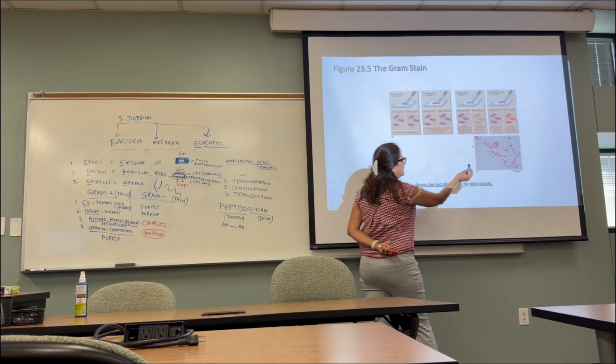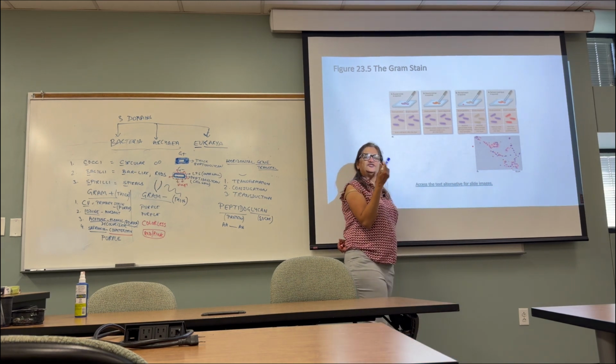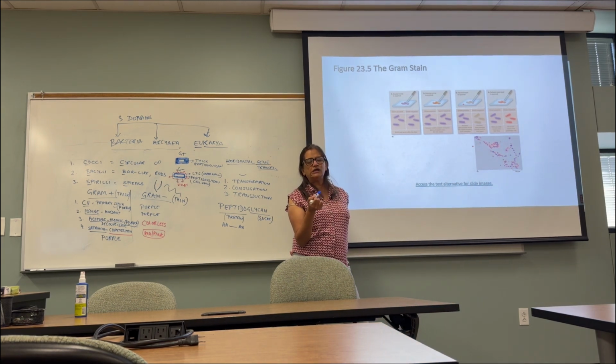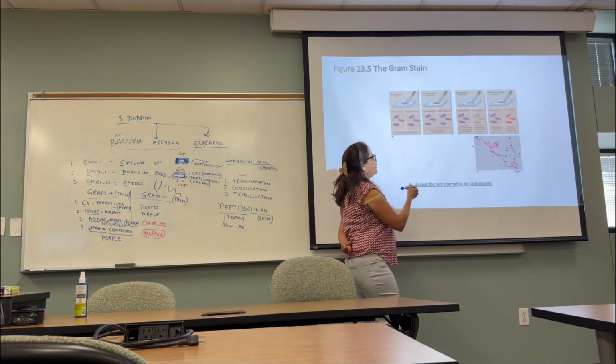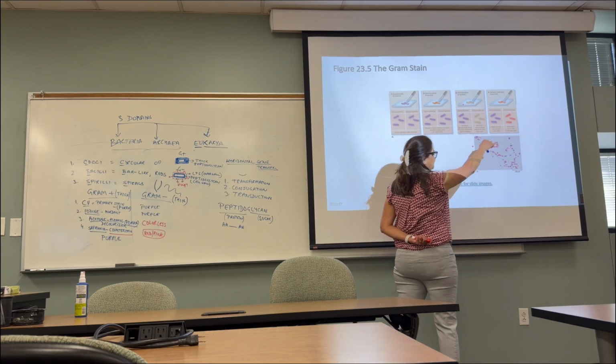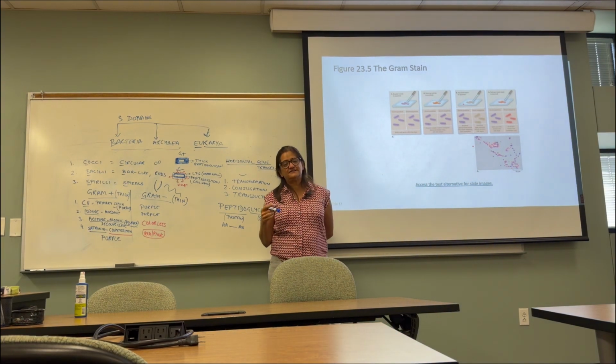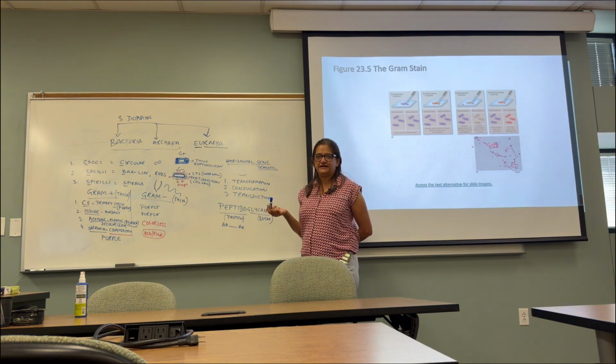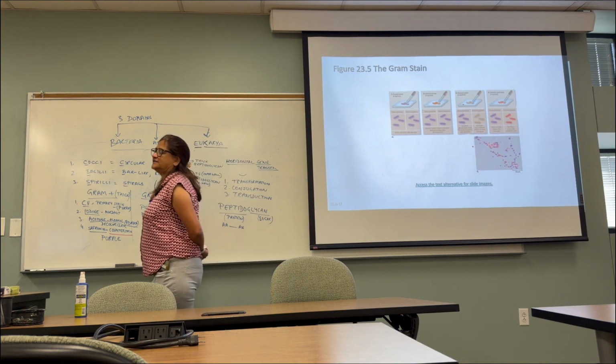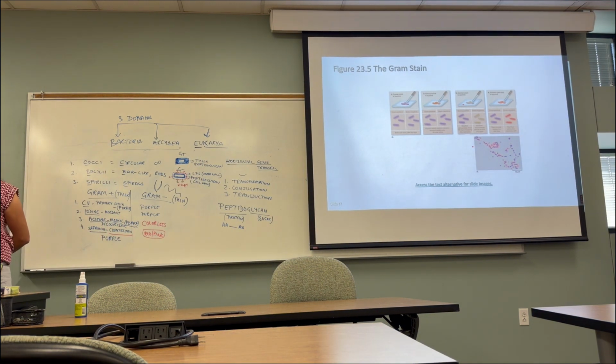The purple colored cells, purplish or bluish color, are all gram positive, whereas the pinkish cells are all gram negative. Got it? This is in a nutshell the appearance of the gram positive and negative bacteria.